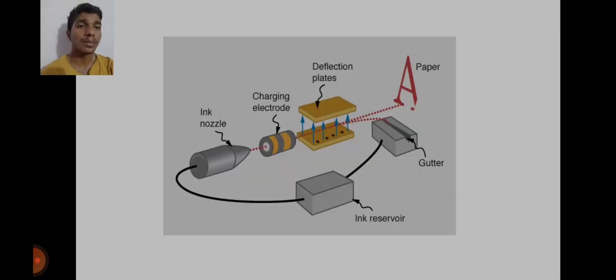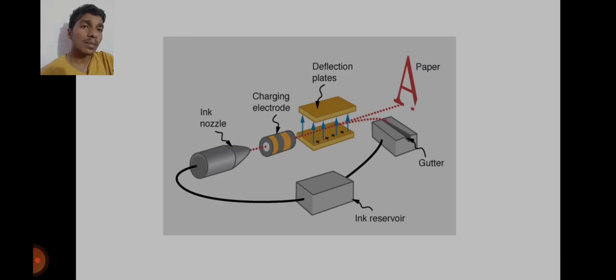This is the diagram of the inkjet printer. Here we can see the nozzle generating the ink, which is given to the charging electrode, and then the output of the charging electrode goes through the deflection plates.